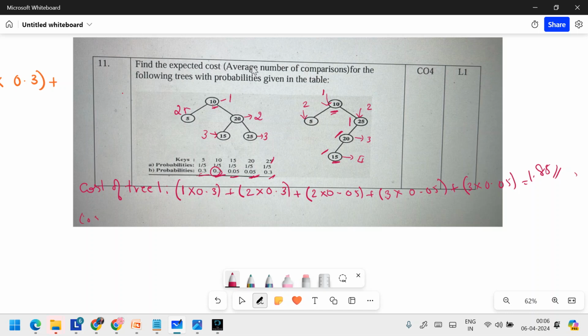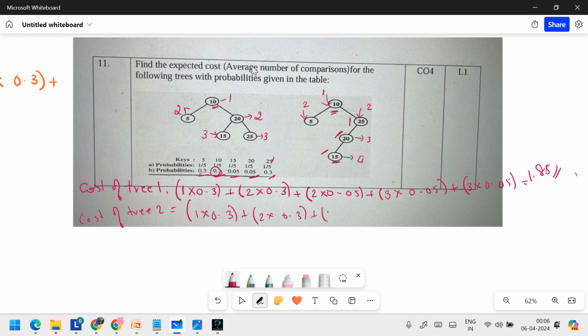Similarly, you have to write the cost for tree 2. So first node is 10. So its comparison is 1. So 0.3 plus for 5 it is 2 comparisons and its probability is 0.3 plus 25 is the next node.